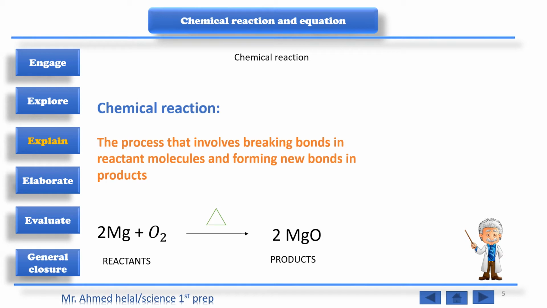Here we have breaking bonds of the O2 molecule, and we have two Mg atoms. So Mg with O and Mg with O equal to MgO.